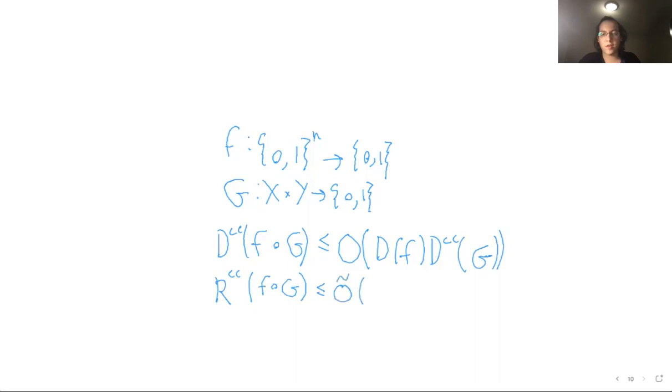I'm using the tilde there to hide log factors. And quantumly as well.